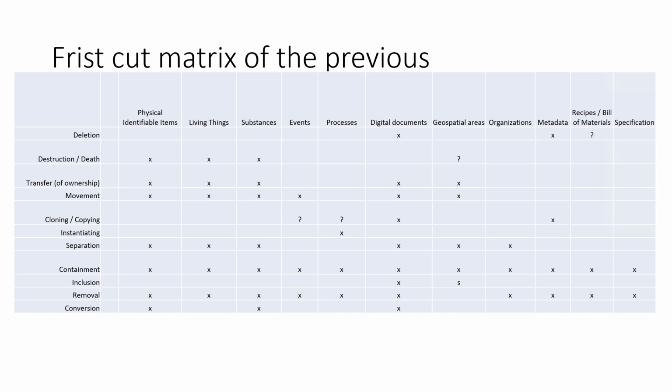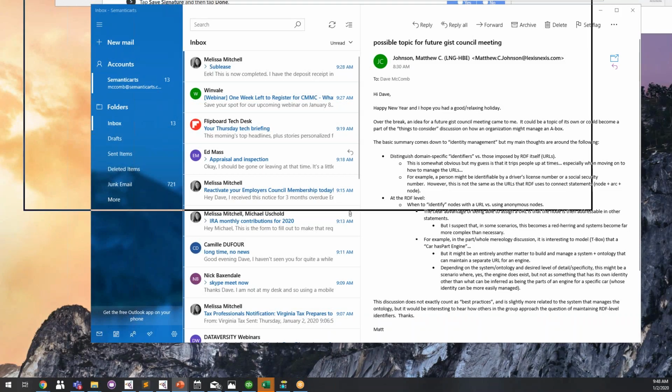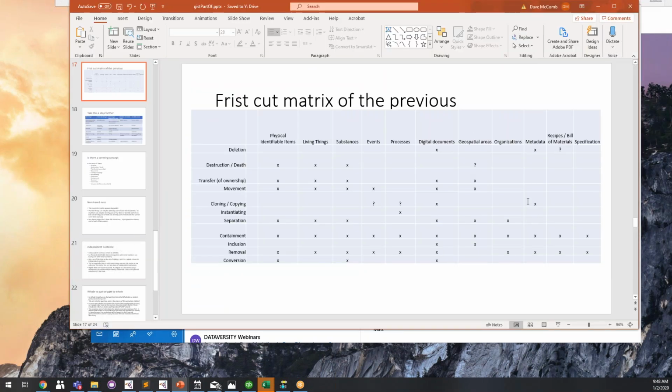Yeah. I think transfer of ownership applies to organizations as well, right? Yep. In fact, I'm going to take myself out of presentation mode so I can edit this while you guys are talking. And I'll put planned event here to remind myself. You can move an occurring event.